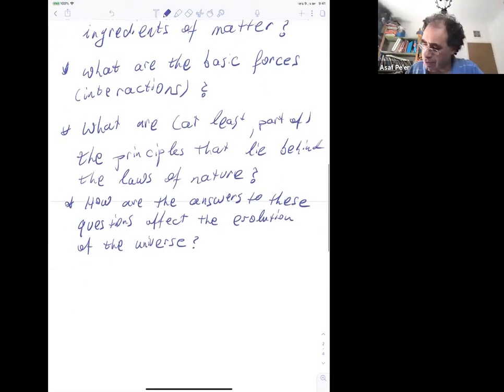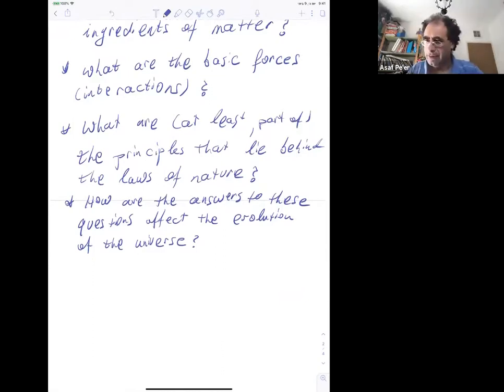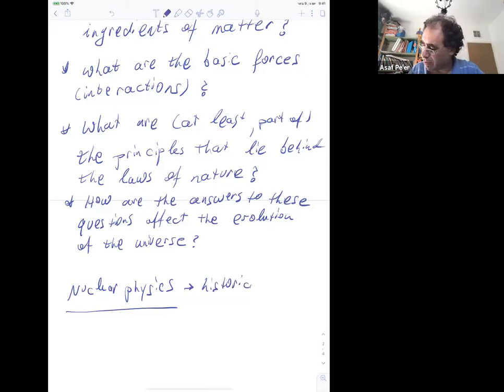So, just to have a little bit of description: you might have heard of nuclear physics, the physics of nucleons. This is the historical basis of particle physics. This is basically how it started. Today, it is considered to be a branch of particle physics.